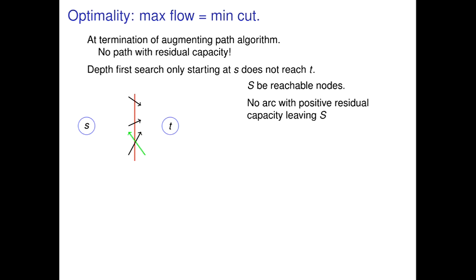If an arc has capacity C of E, how much flow did you send across it if it has no residual capacity left? C of E, right? So for a flow, when you're done, every one of these black arcs is full. So the flow value equals the capacity.